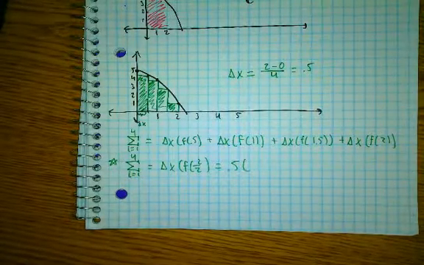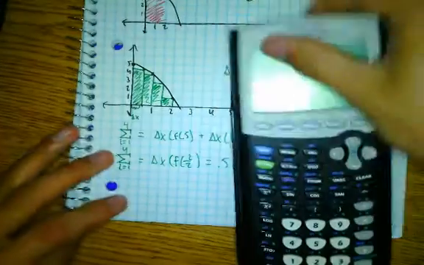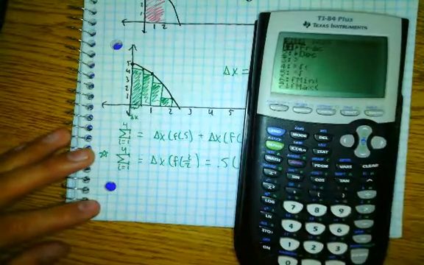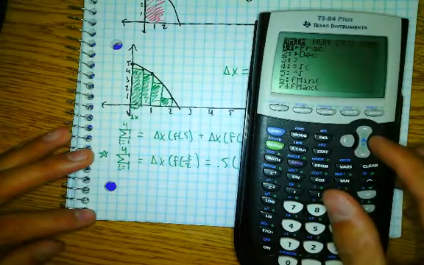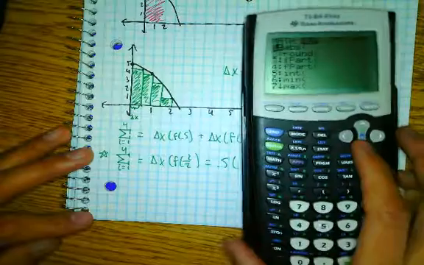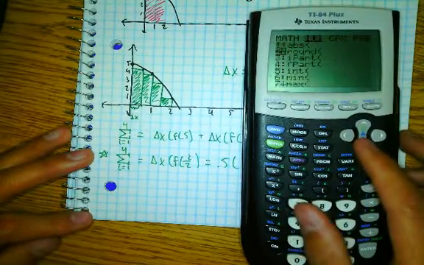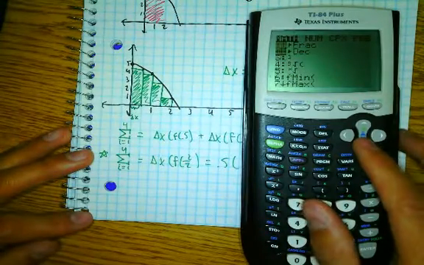Alright, summations. Who remembers how to do a summation in the calculator? Where do I go? Math? Then what? Sum. Or you can go to alpha too. Where's sum? It's in math. There you go.